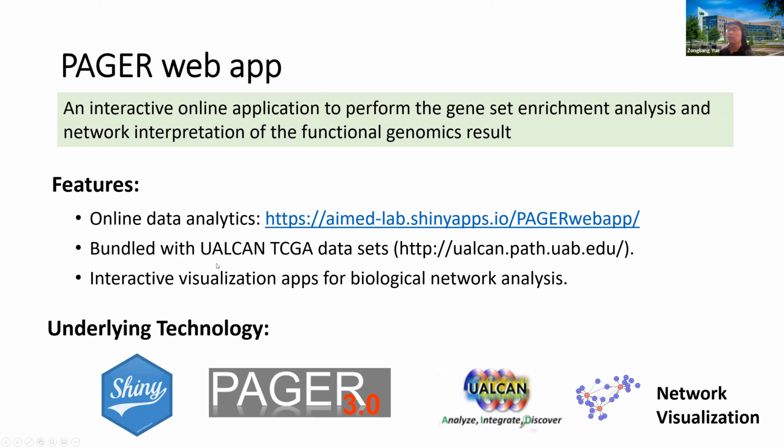Also, we have a bundle with UCAN TCGA data science, and they have interactive visualization apps for biological network analysis. The underlying techniques used here are Shiny, the PAGER 3 database, the UCAN database, and network visualization uses JavaScript libraries.